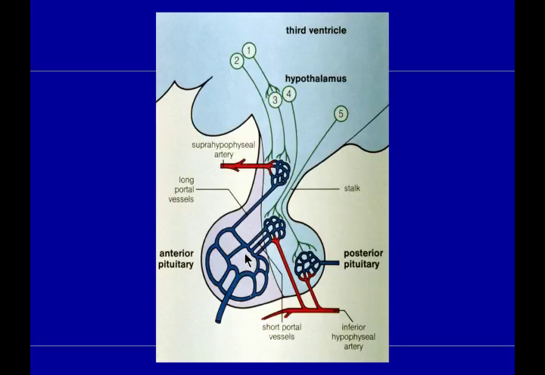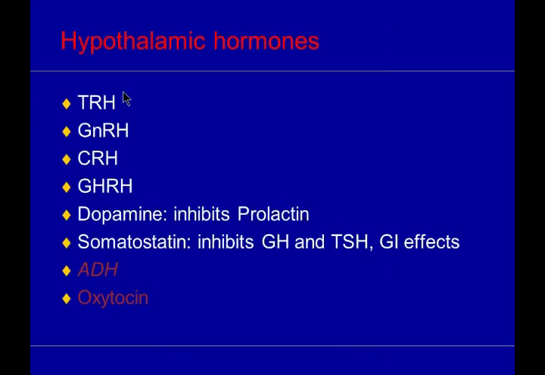And those factors are now well described and well known. These are now all products of neurons within the hypothalamus, which travel through that portal system to influence anterior pituitary function.